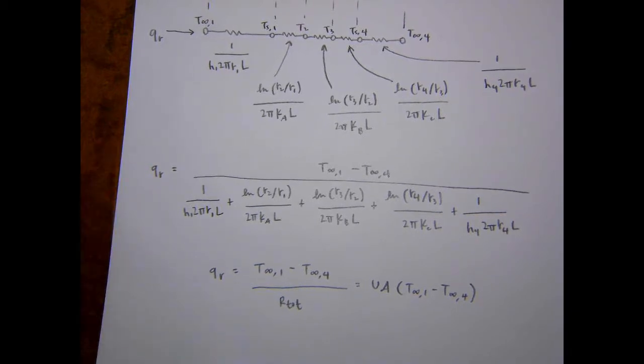So let's take a step back and think about what we've done. We went through a lot of stuff. Basically we're putting together a system under these 4 assumptions that we've always made: one-dimensional heat transfer, steady state, no energy generation, and isotropic.